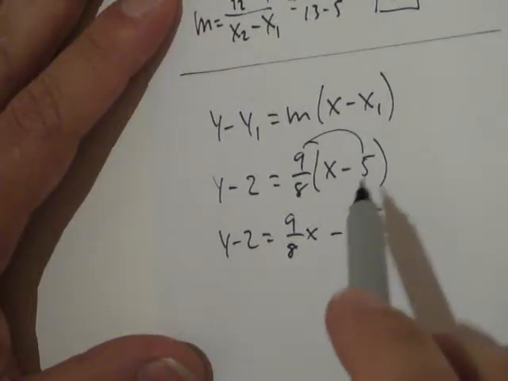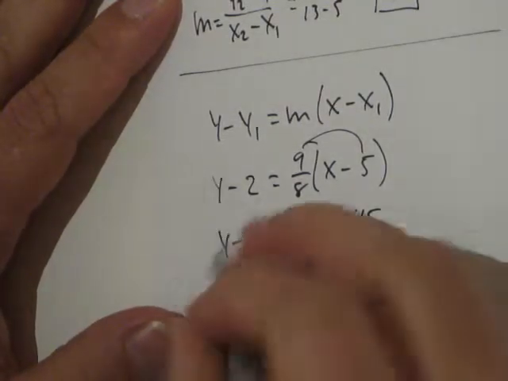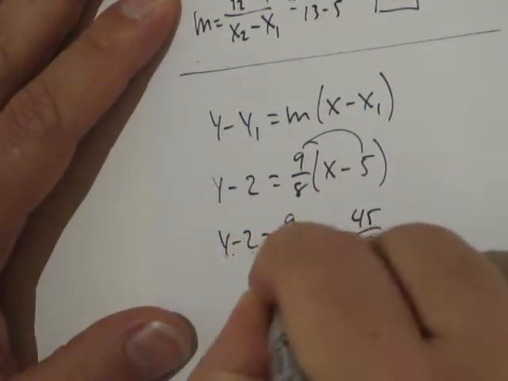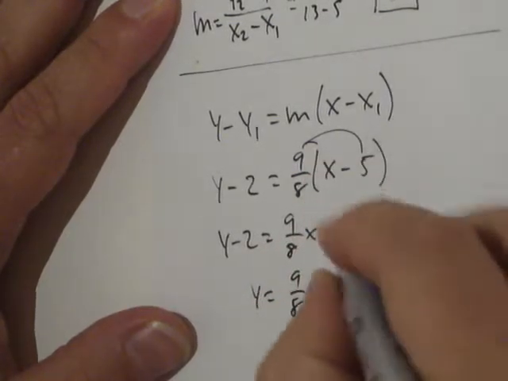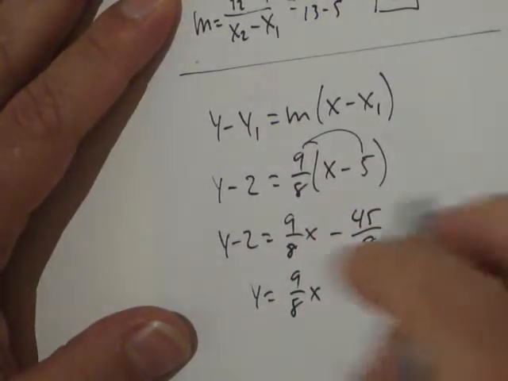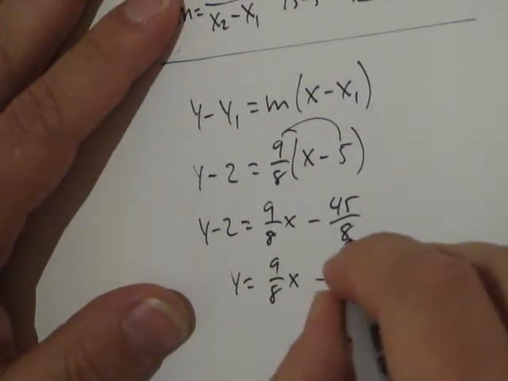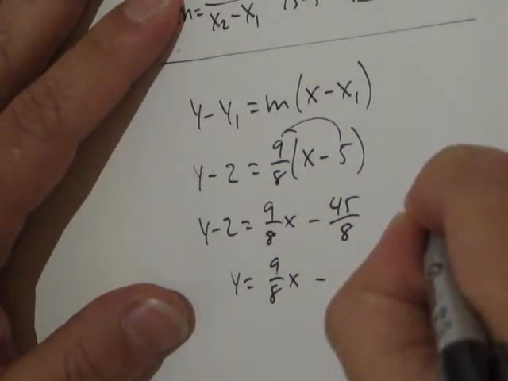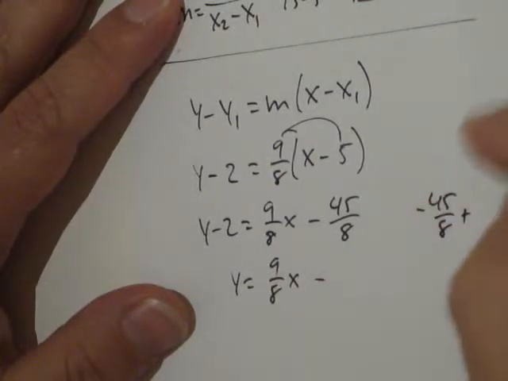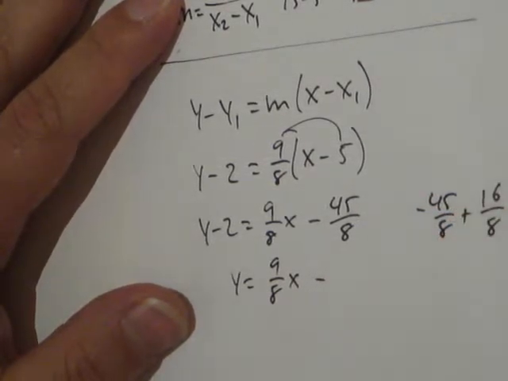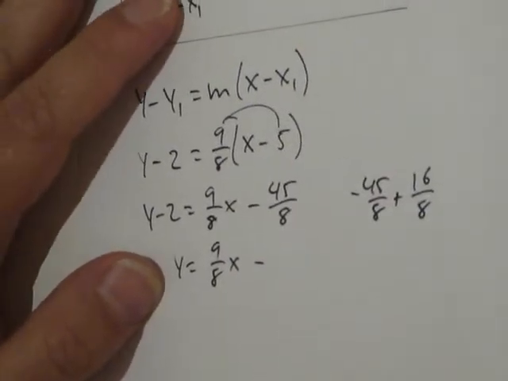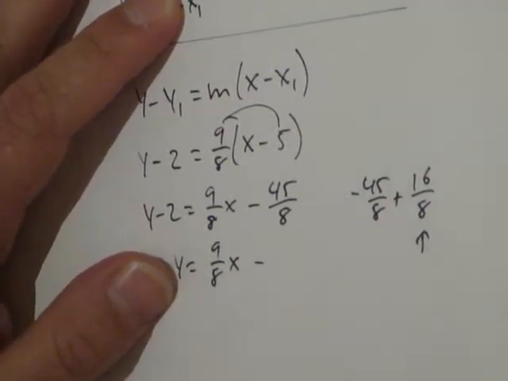And then now we can add 2 to both sides, so we get y equals 9/8 x, and then we have to add 2 to this. So that's going to be negative 45/8 plus 16/8. People who remember how to use fractions should remember why we're doing this.